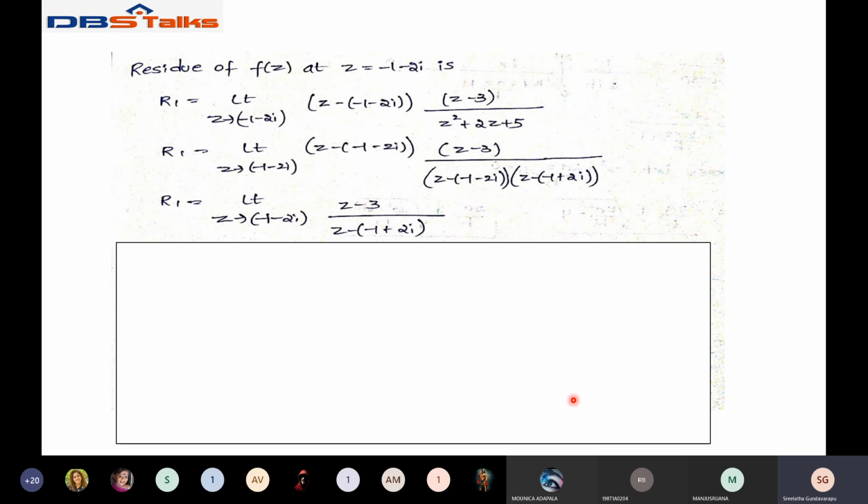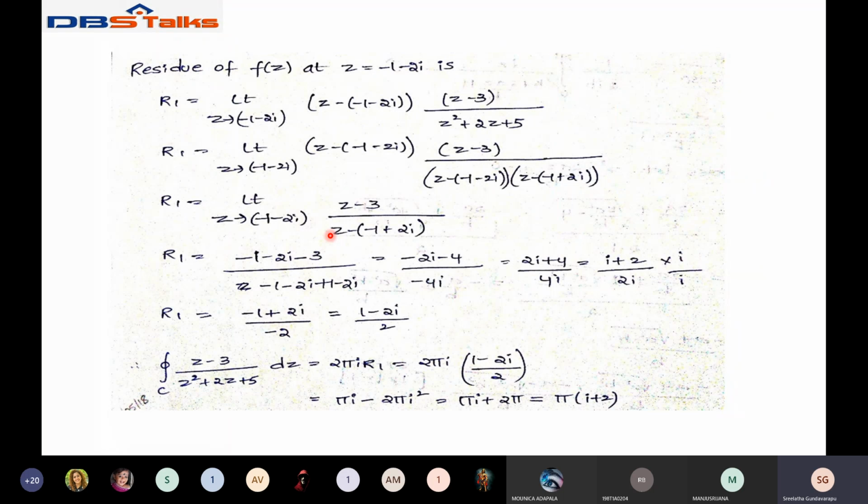Next, write z square plus 2z plus 5 as its factors: z minus of minus 1 minus 2i into z minus of minus 1 plus 2i. So after cancellation, we get R1 is limit z tends to minus 1 minus 2i, z minus 3 by z minus of minus 1 plus 2i.